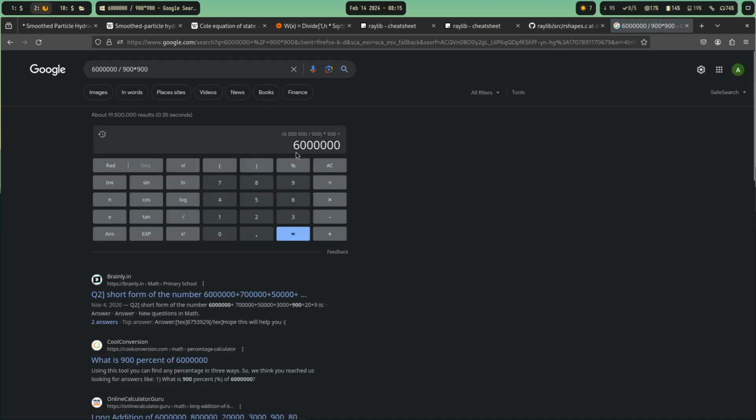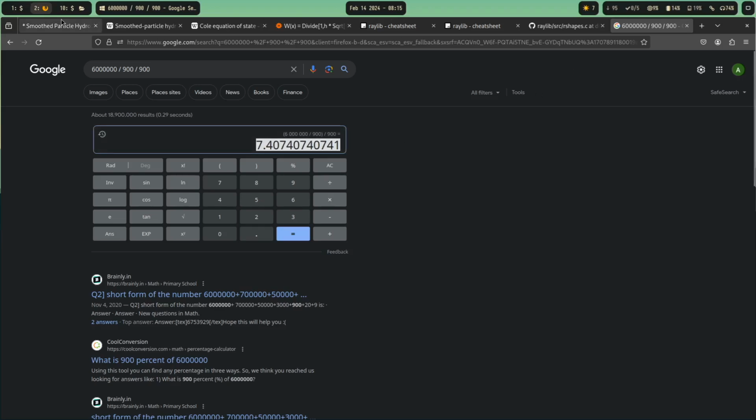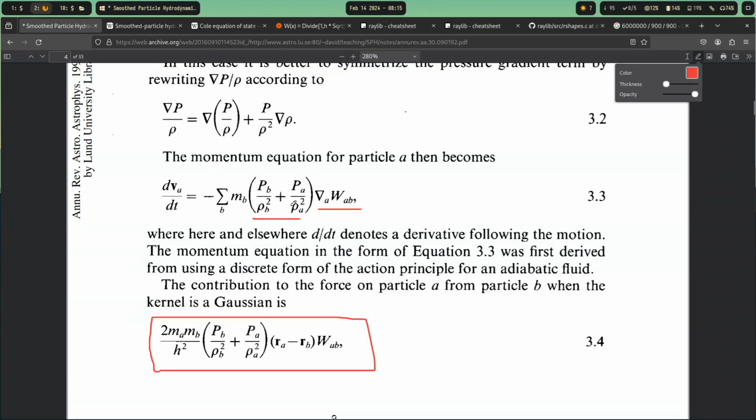If we do the division, wait, we have to divide twice. We get somewhere around 7. So these would be like 7 in the magnitude of 10, I'm thinking.